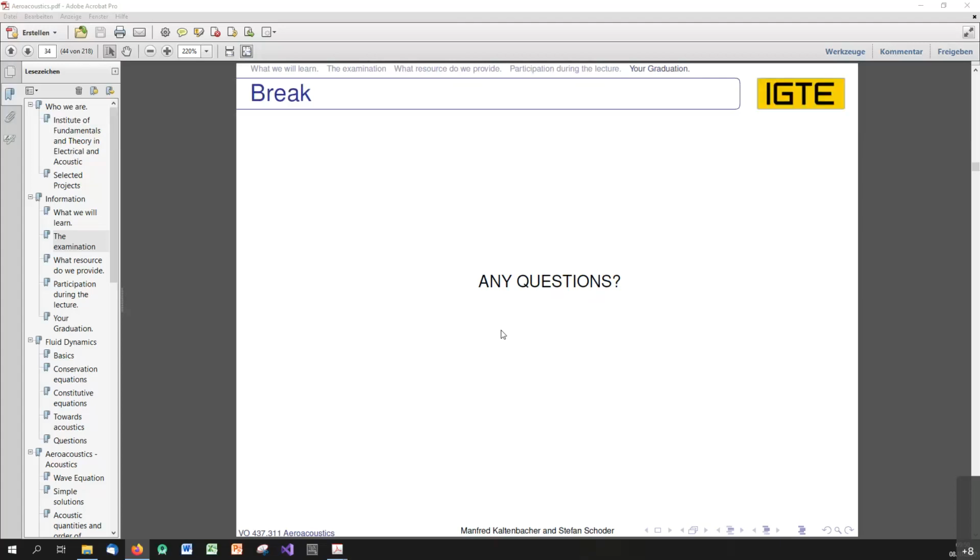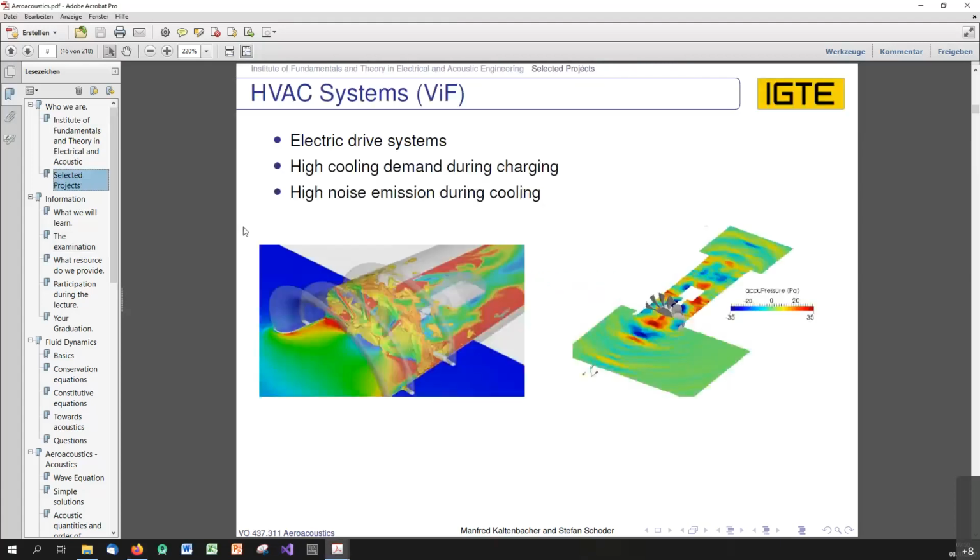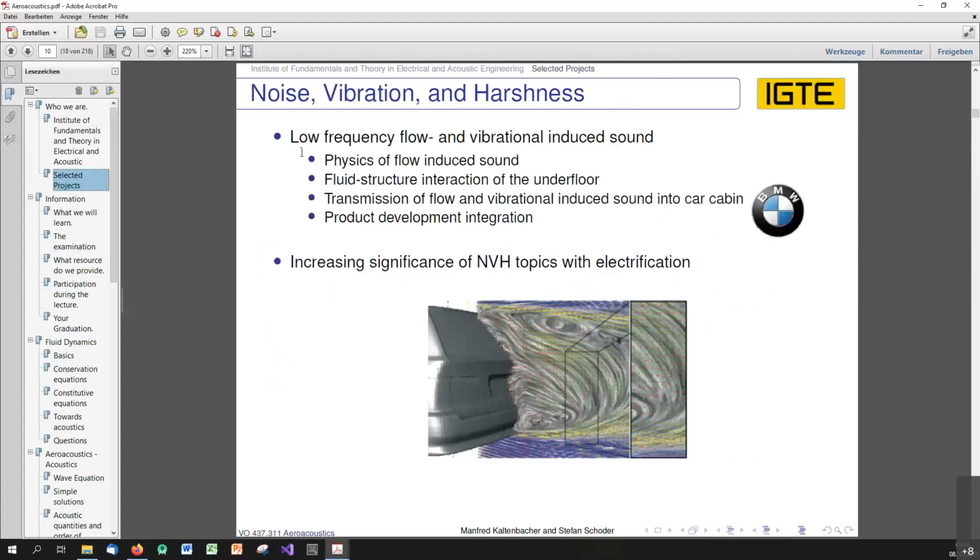For instance, we are doing some low frequency flow and vibrational induced sound simulations. There it's definitely valid and also preferable to use finite element, because you can incorporate the mechanical vibration and the geometry as it is.